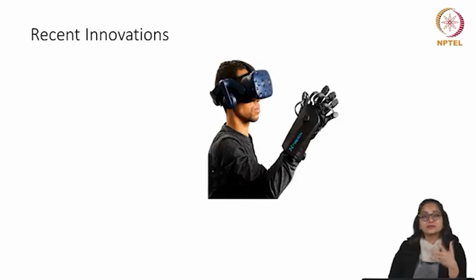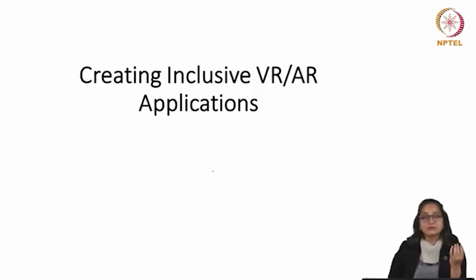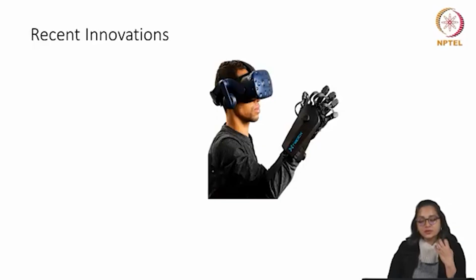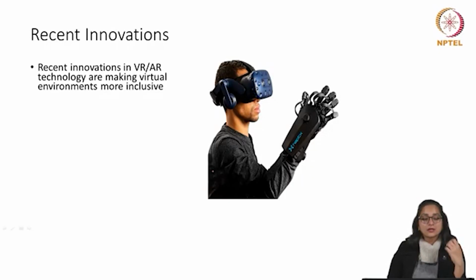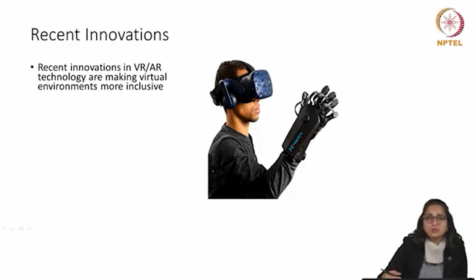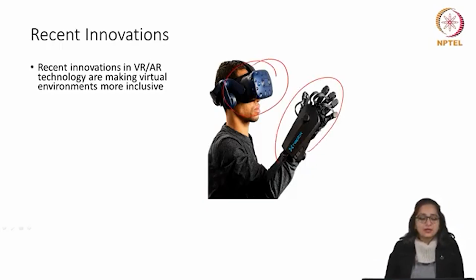But how can we create more inclusive AR VR experiences? Some of the recent innovations have paved the way for more enhanced interactions. Recent innovations in VR AR technologies are making virtual environments more inclusive, primarily with the technological development of more advanced interactive wearable devices.